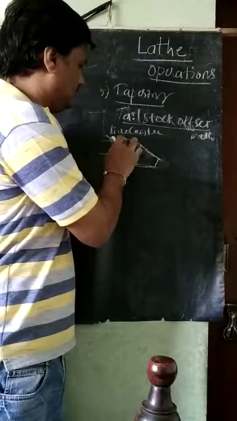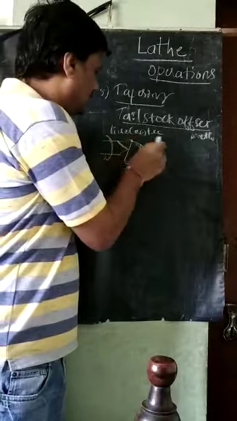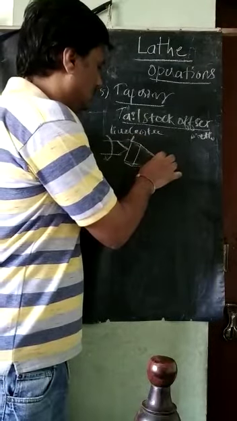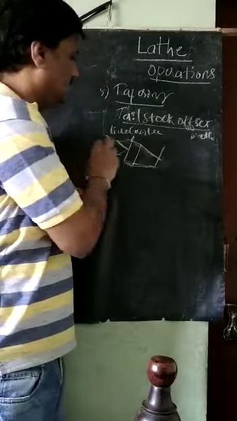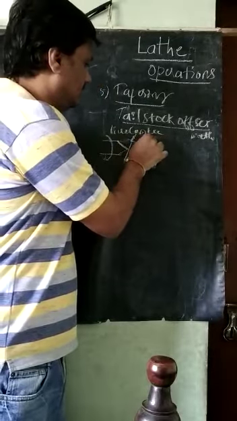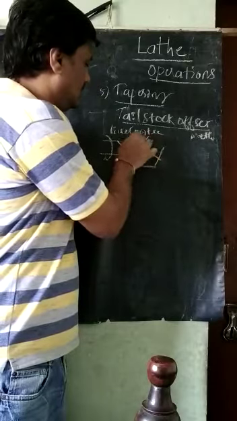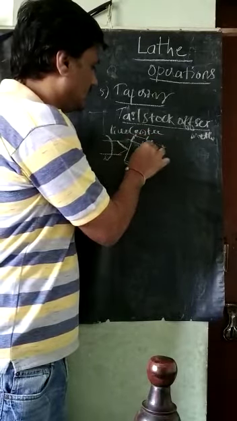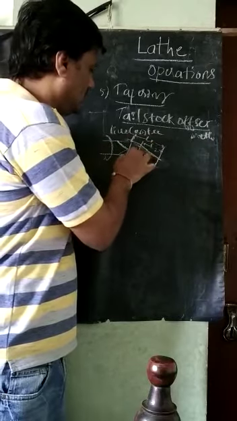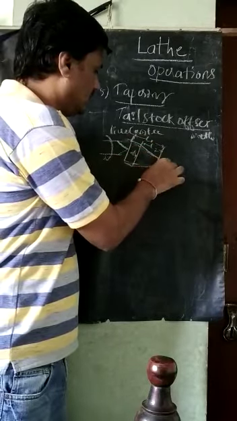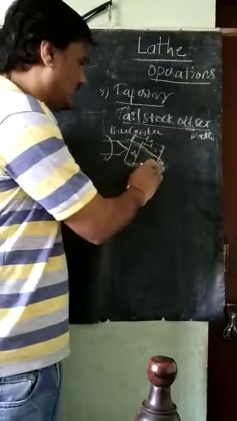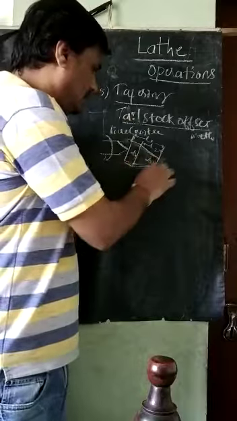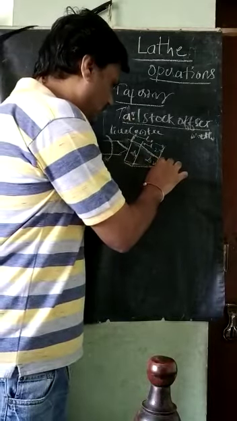This is the total length L1, and the length made for the taper section is L2. D1 is the original diameter, and D2 is the final diameter. Here the tail stock comes into the picture.